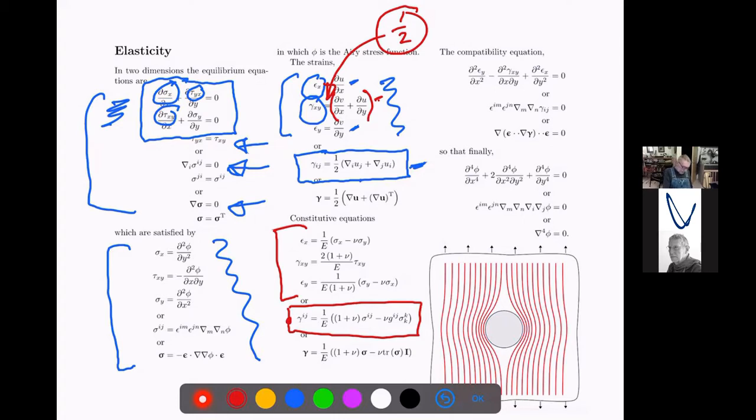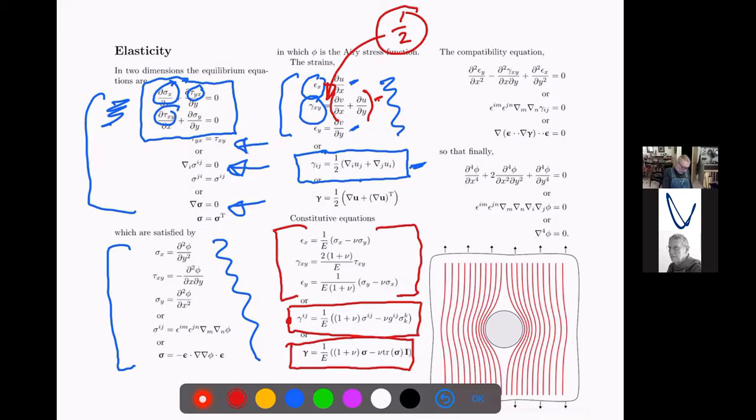Whereas if you use the Cartesian notation, it gets very messy in 3 dimensions because you've got 6 components of stress and 6 components of strain. And then you can also write them here if you want to be a bit more elegant without using any coordinate system.